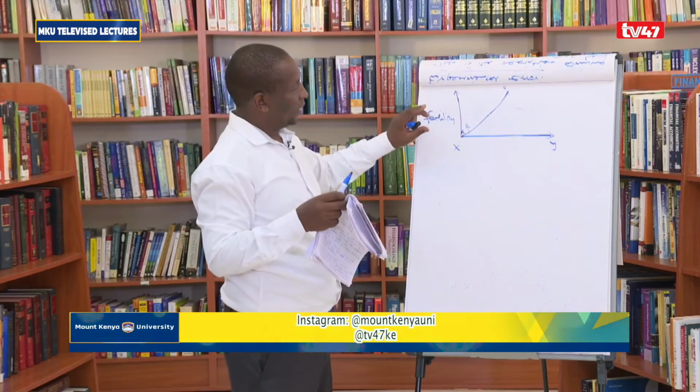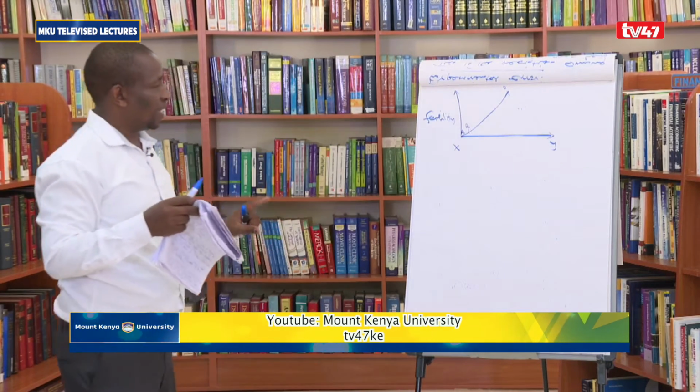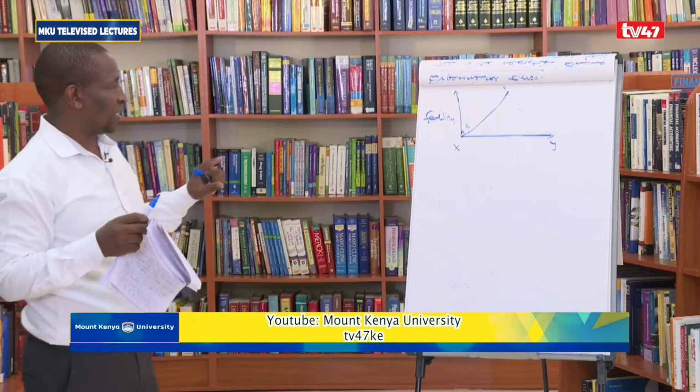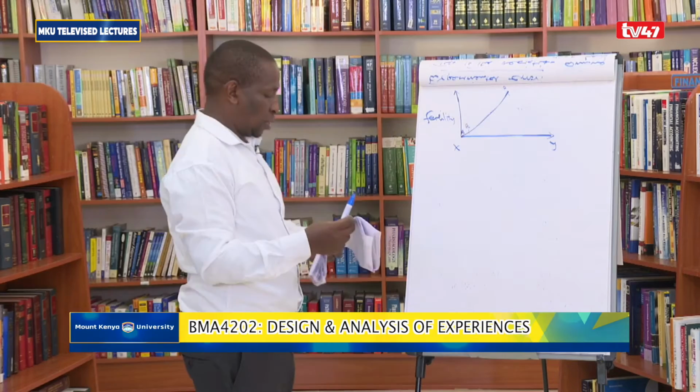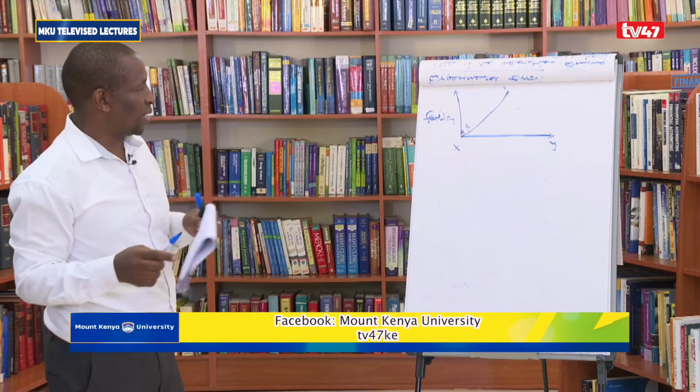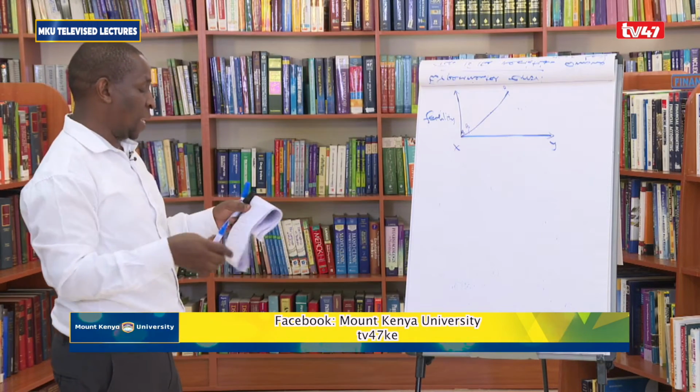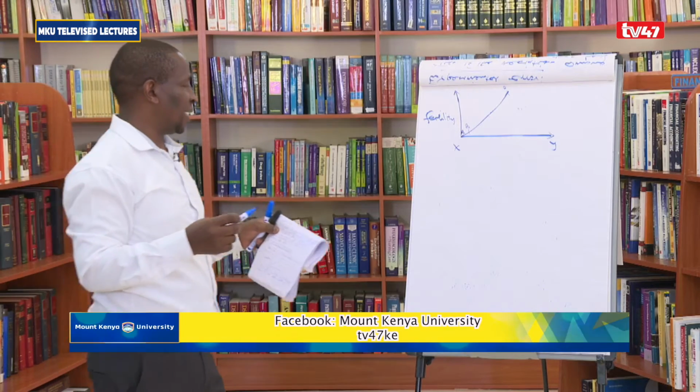The issue is there has been no randomization in allocating the treatments to the plots, and that gives undue advantage to fertilizer B in terms of yield as compared to A.